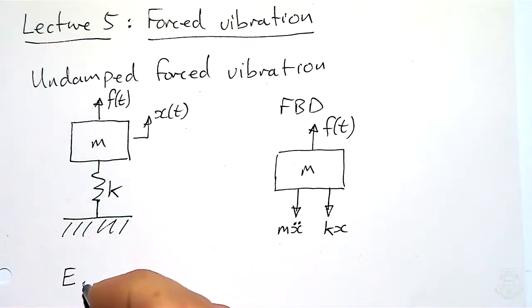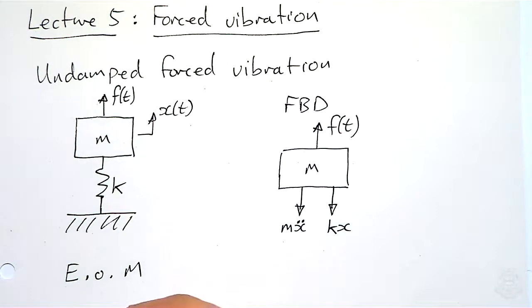And so from that, our equation of motion, EOM is just short for equation of motion. If we take a balance of the forces in the vertical direction, we can write the equation of motion like this.